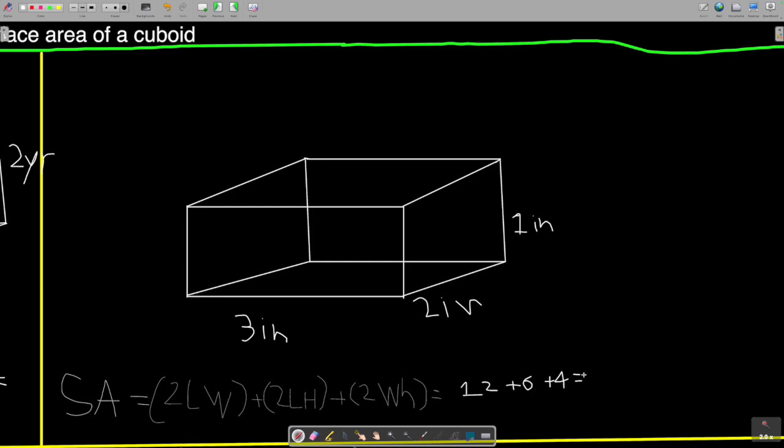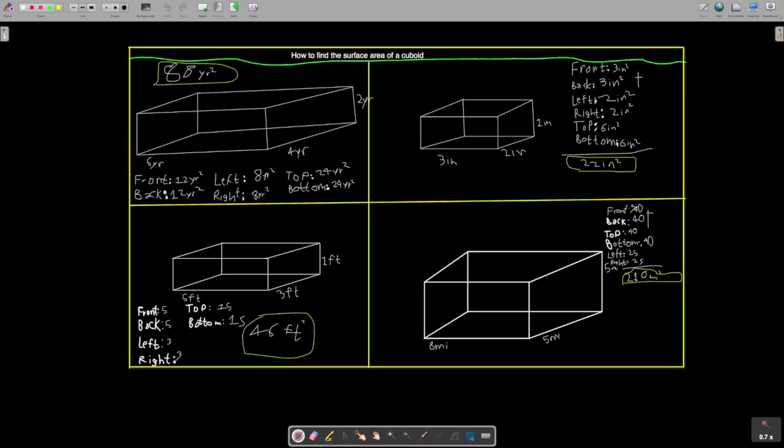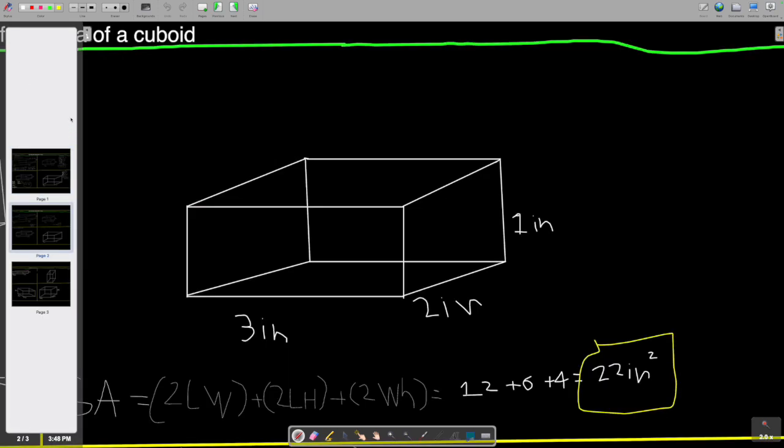So we have 12 plus 6 plus 4, that's 22 square inches. And we can make sure if this is correct. If we go here, it is 22 square inches if you look at the top right.